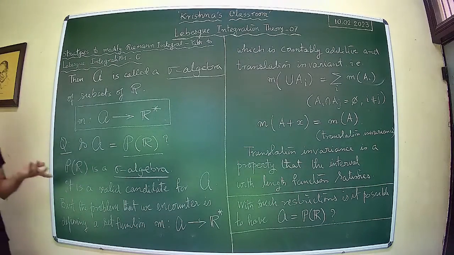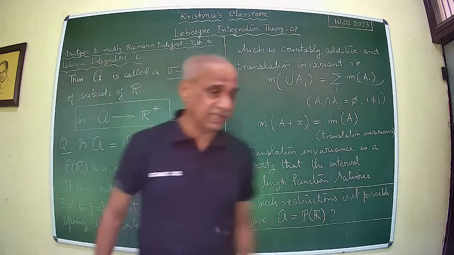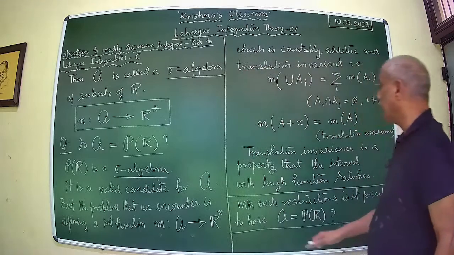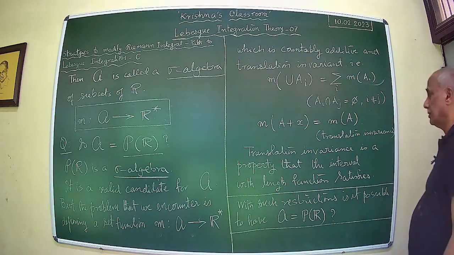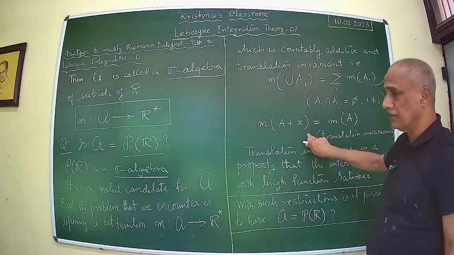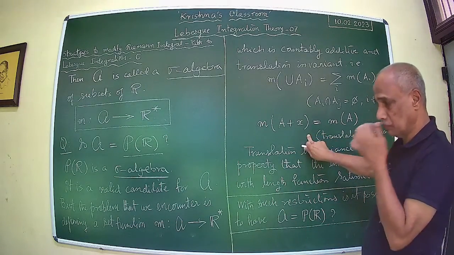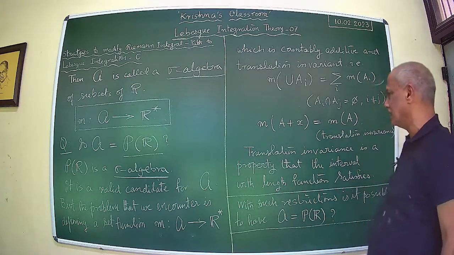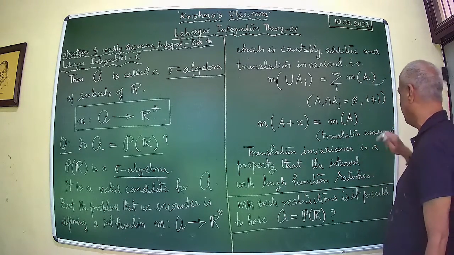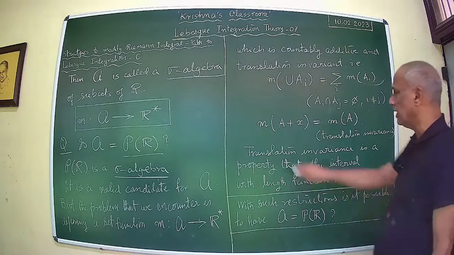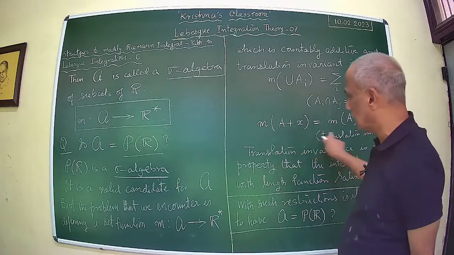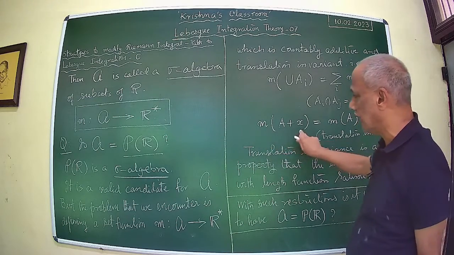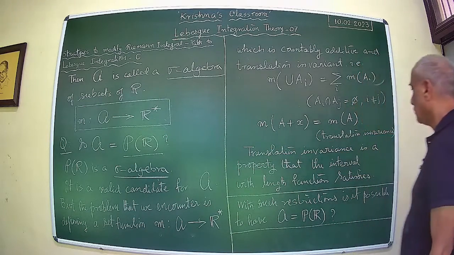That's a natural thing to do, and that is captured here in a more general way. Another thing is, if you take an interval and translate it, the length does not change, and that is the translation invariance. So the length function that you introduce should have in general this property. Therefore, we desire this also to be true.